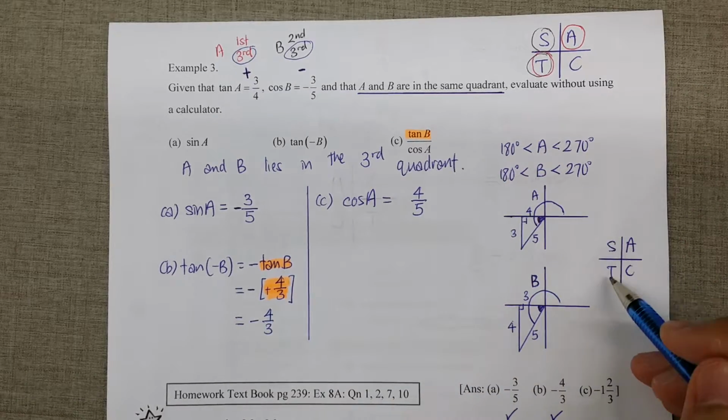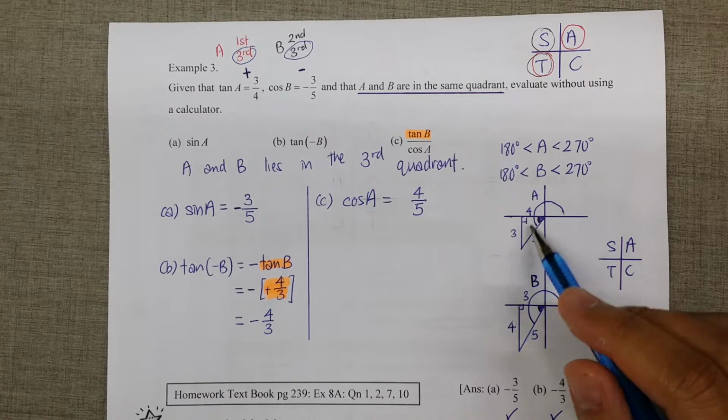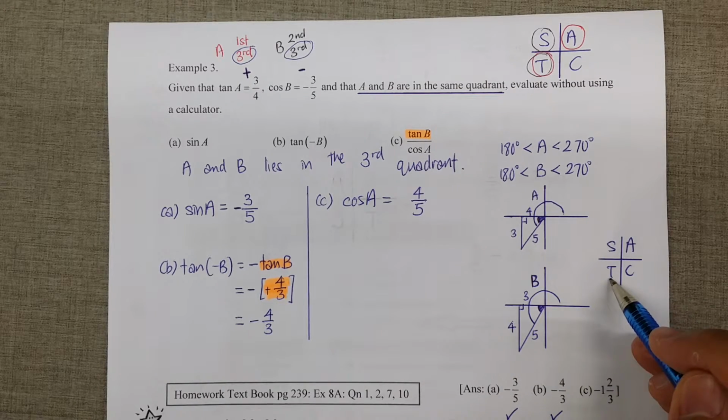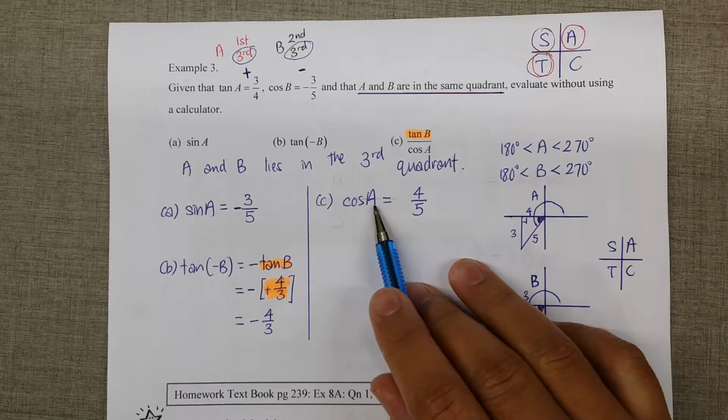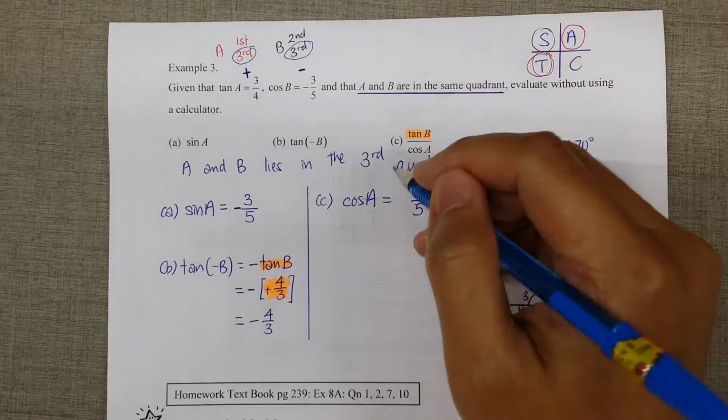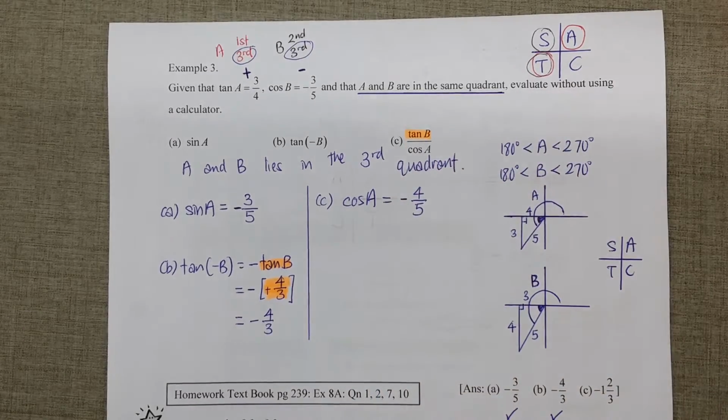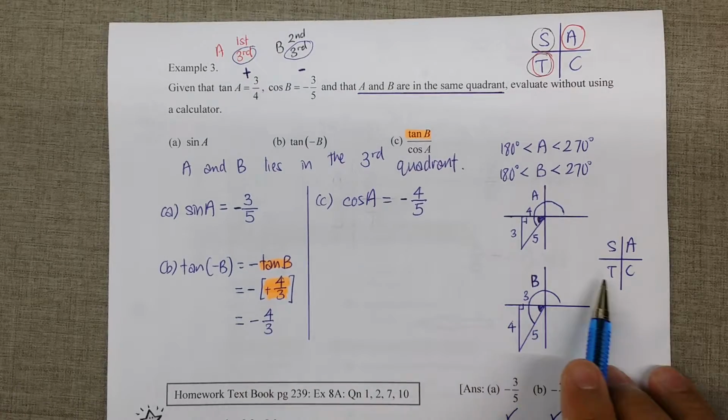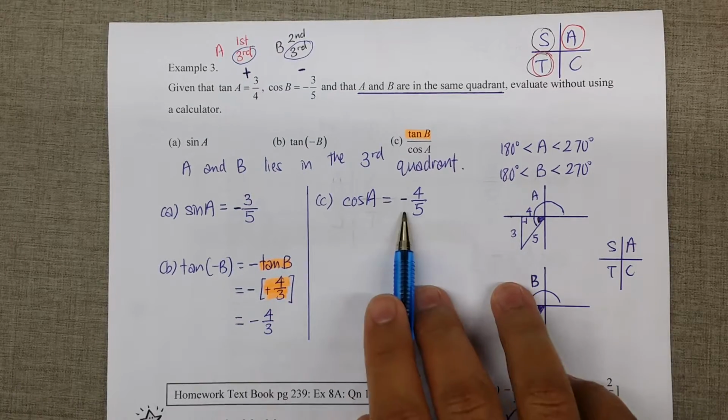4/5, and look at the ASTC. Angle A is in the third quadrant. Only tangent is positive, so cosine A will be negative. Makes sense? Because cosine in the third quadrant must be negative.